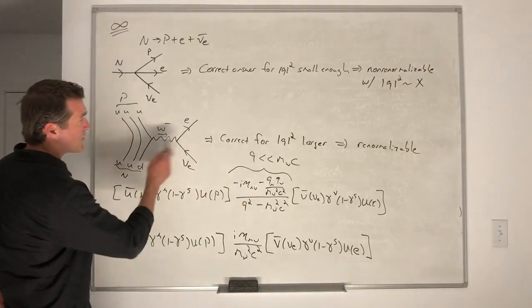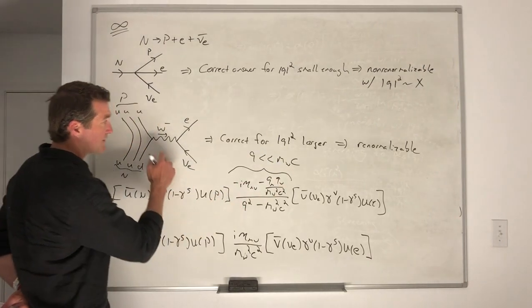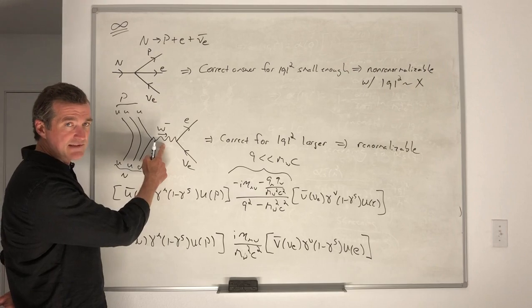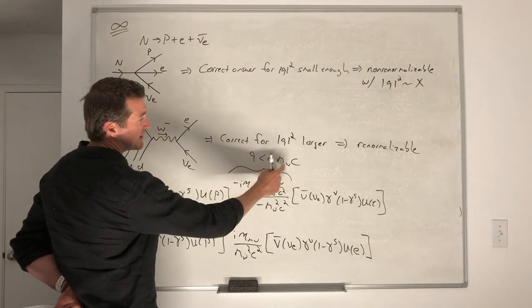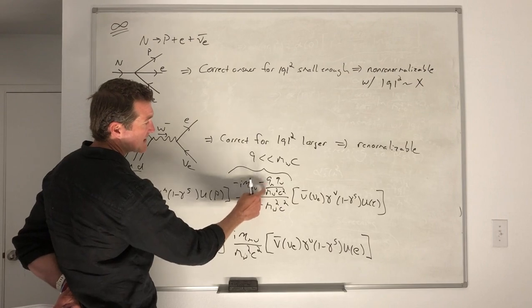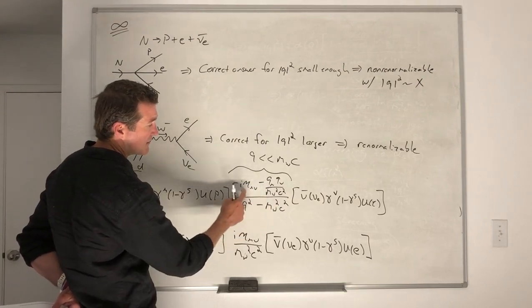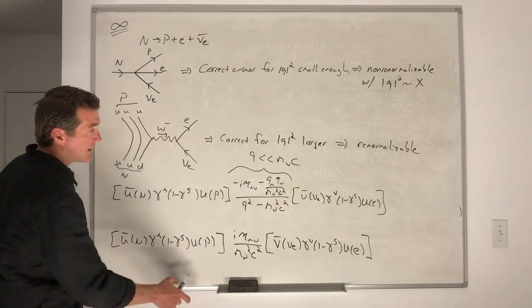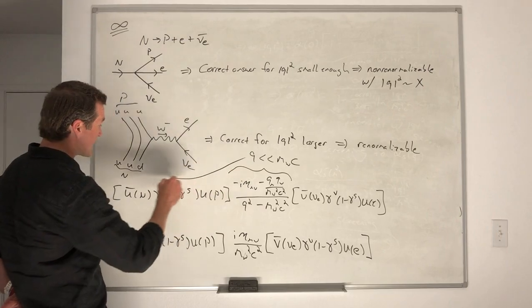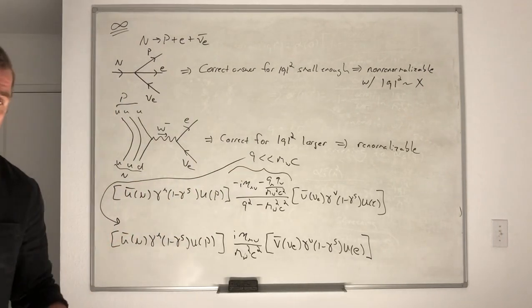If the value of the momentum that is exchanged is much smaller than M_W c, where the mass I'm talking about is the mass of this weak gauge boson, well, this goes to 0. So if q is much smaller than M_W c, this reduces to this expression.